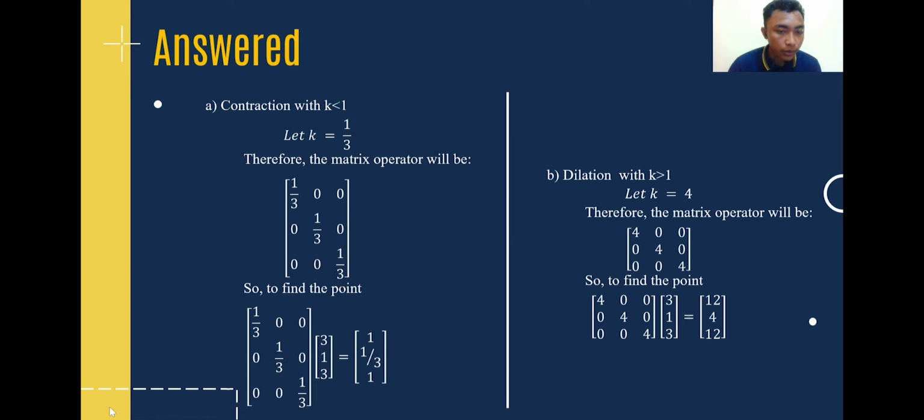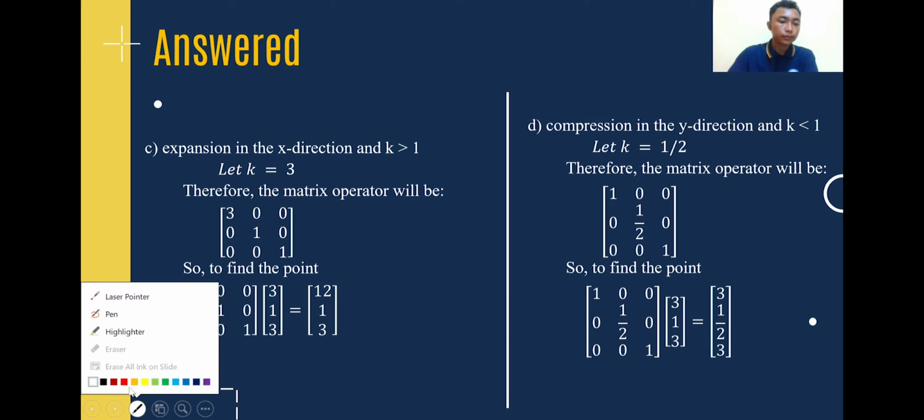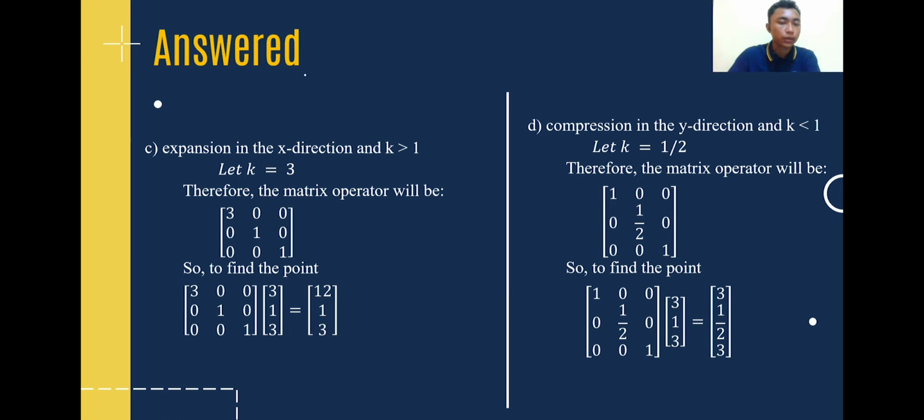And next is the explanation in the x direction and k more than 1. This is the y direction, k. Okay, sorry, I forgot to write the complete question.